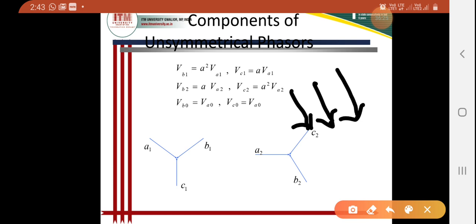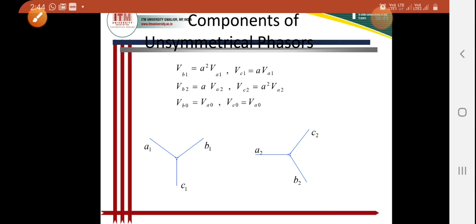So here VA0, VB0 and VC0. That means the phase difference between VA0, VB0 and VC0 is 0 and these are equal magnitudes.